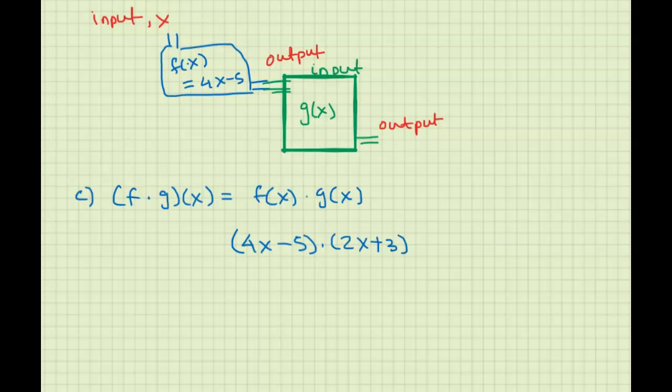So you're not plugging one into the other, you're just FOILing. We get 8x squared plus 12x minus 10x minus 15, which is 8x squared plus 2x minus 15.